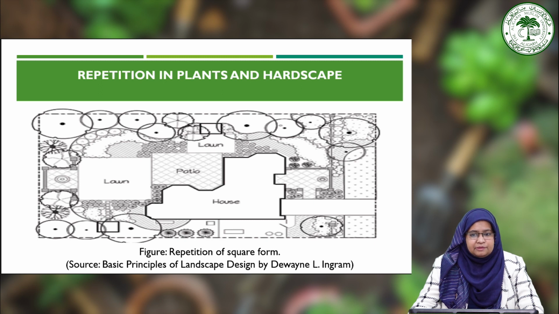Figure illustrate repetition of a square form in the entry, courtyard, lawn panels, a patio and water features. As we can see, there is a lawn, patio, water features. All these things are arranged in the form of a square and creating a repetition pattern of a square.